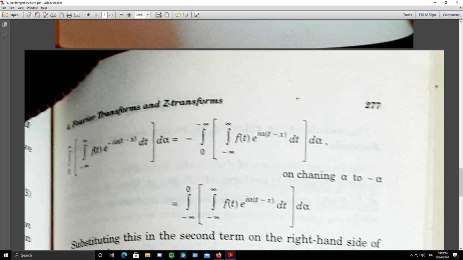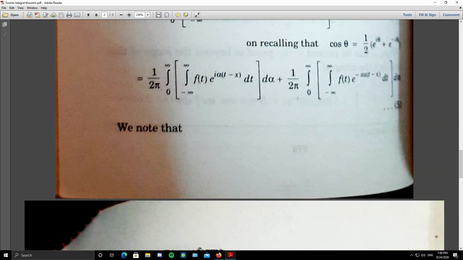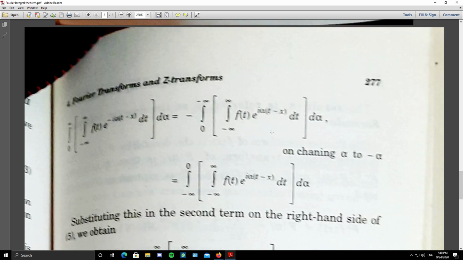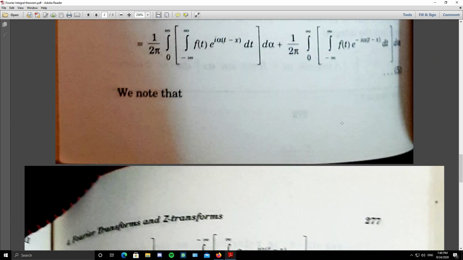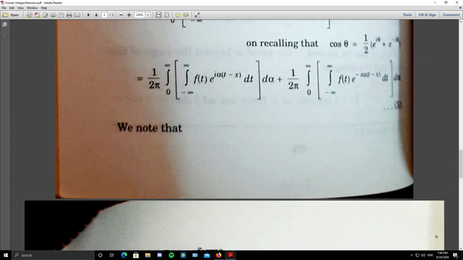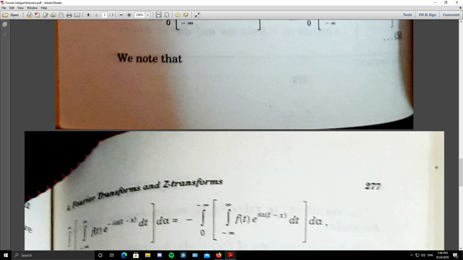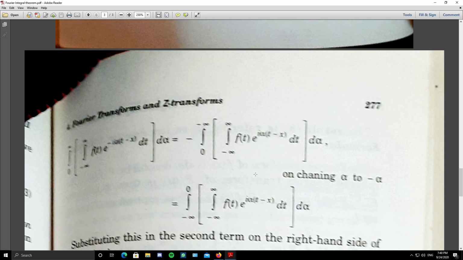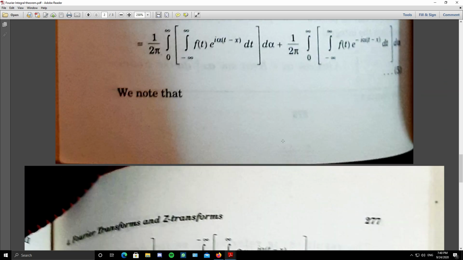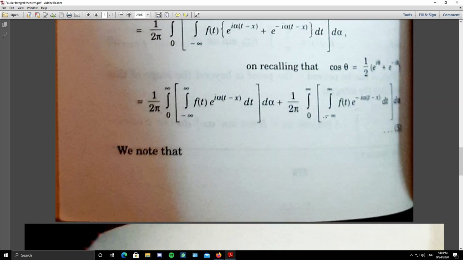Now, in this second integral, alpha is replaced by minus alpha.